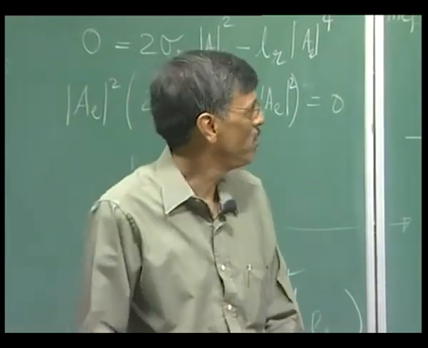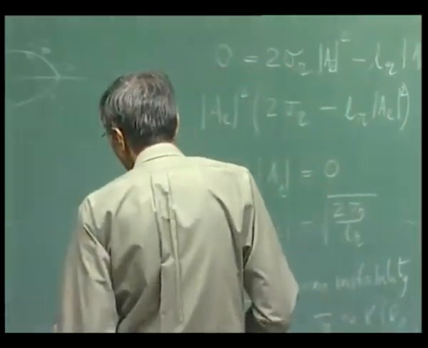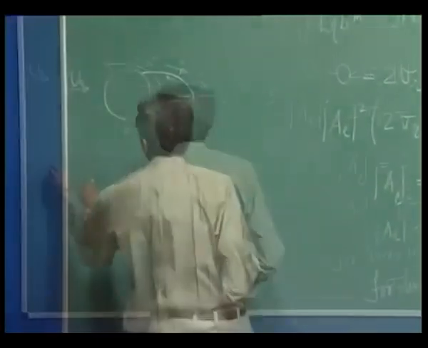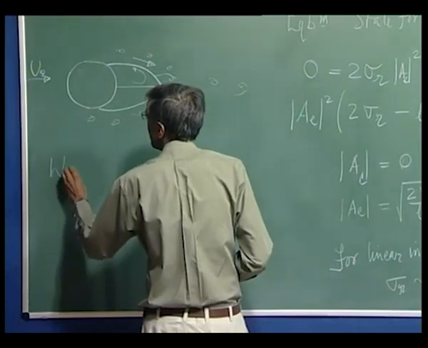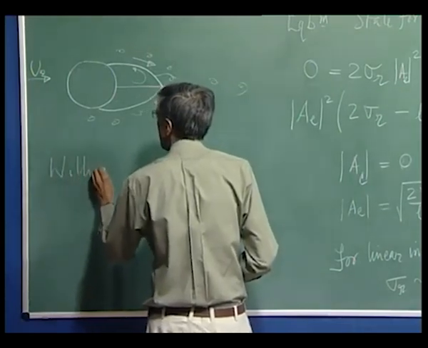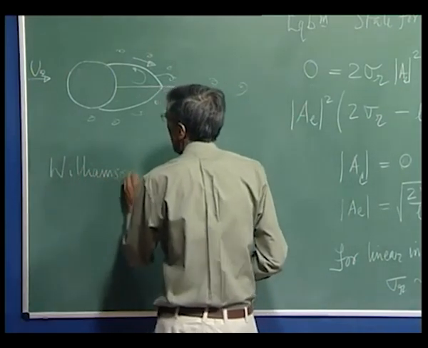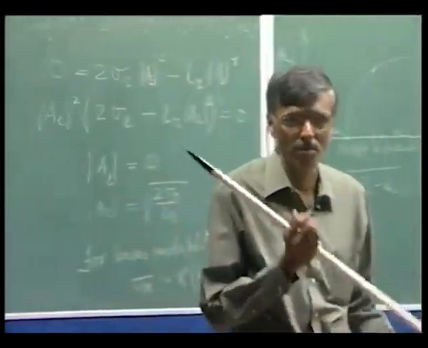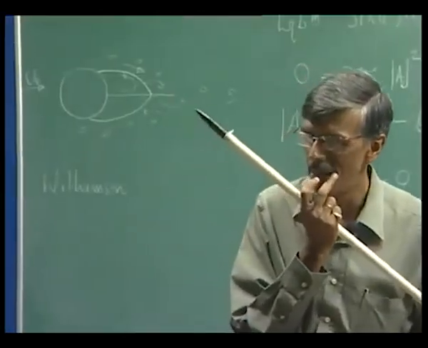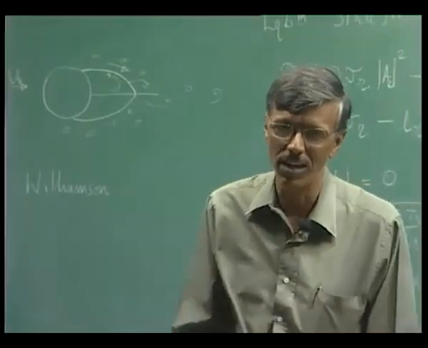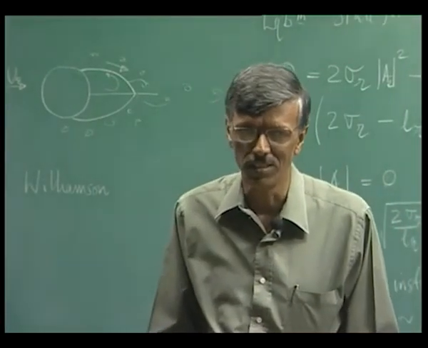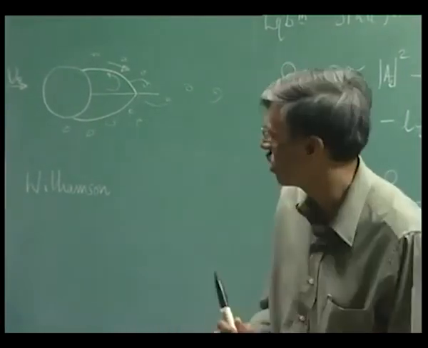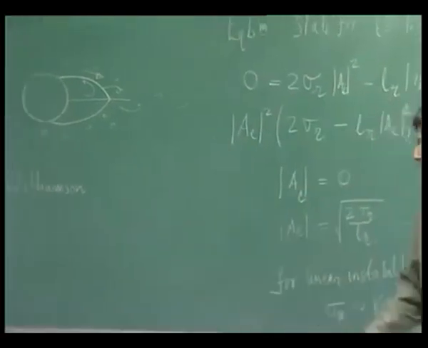There was this systematic study done by Williamson in the 80s, C. H. K. Williamson. And Williamson has written lots and lots of review papers on this topic. If you look at Annual Review of Fluid Mechanics over the last 20 years, you will see at least 2 or 3 such review papers written by Williamson.